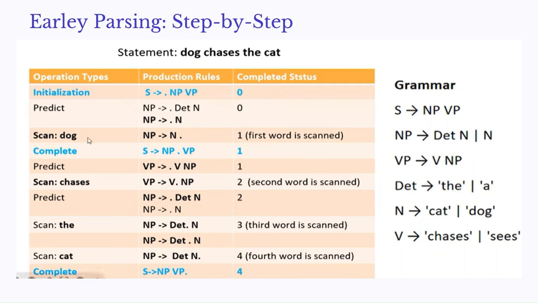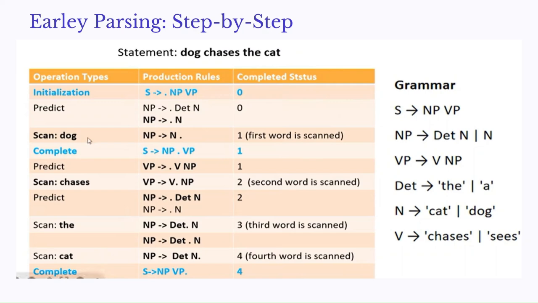When V dot NP, it predicts dot determiner N or dot N. In that case, we require dot determiner N because after chases there is the word the cat. The is a determiner. Then you scan the, so determiner dot N, and then NP determiner dot N. Then you scan the word cat. Cat is a noun.